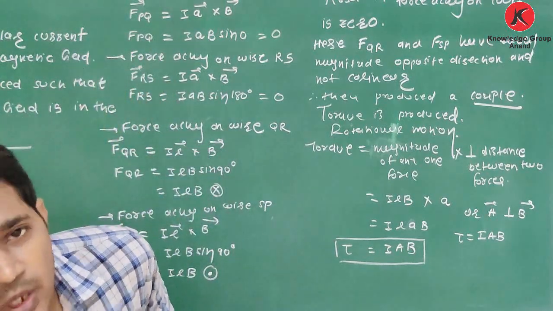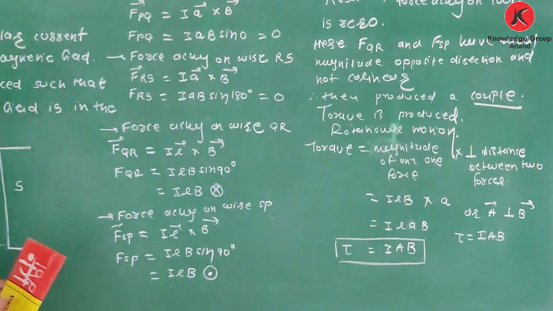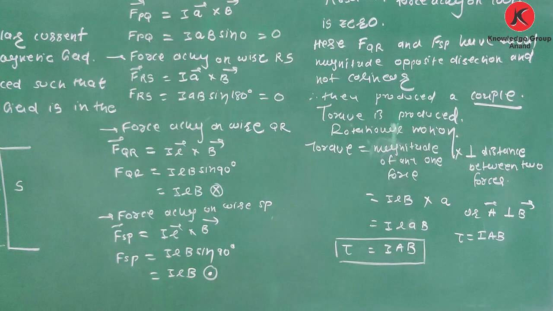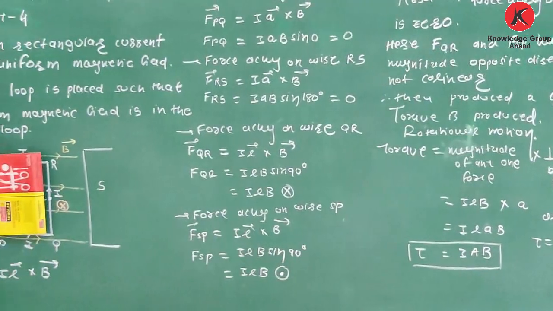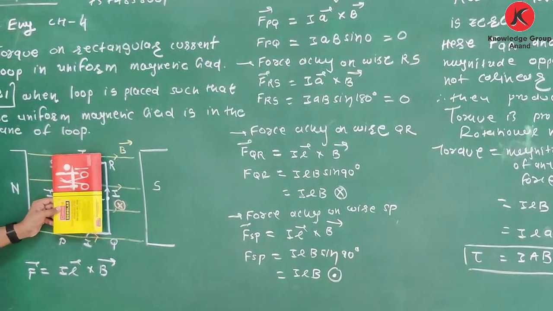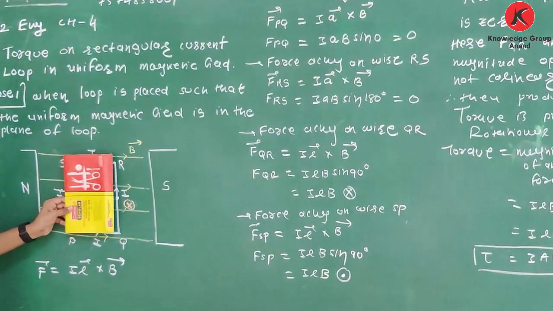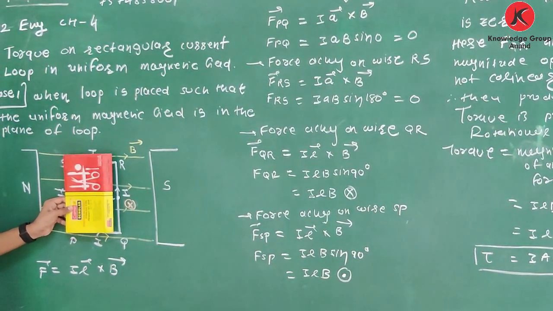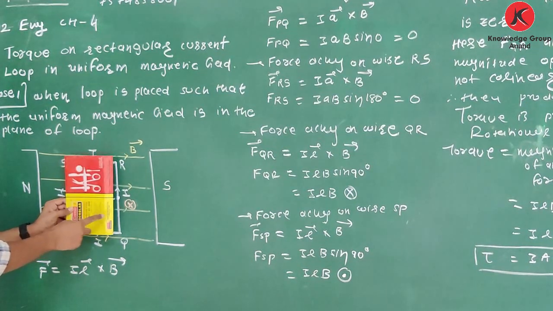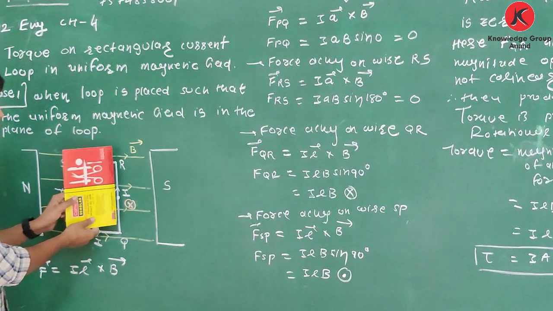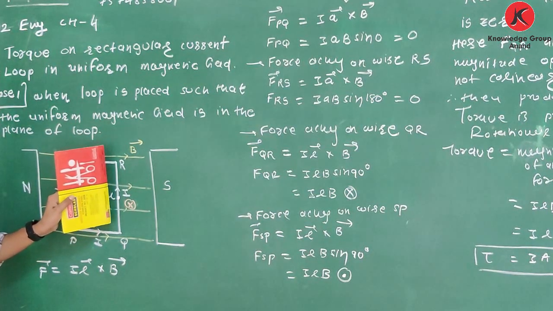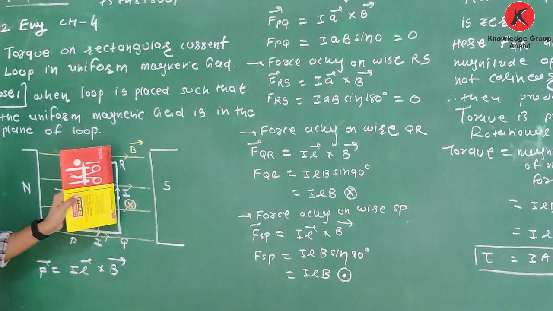In case 1, we assumed this rectangular loop is parallel to the magnetic field like this. It is the easiest case. But if this rectangular loop is not parallel to the magnetic field, it is at some angle, then what happens?